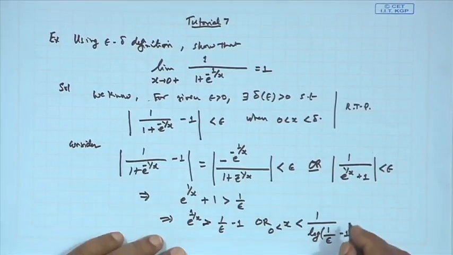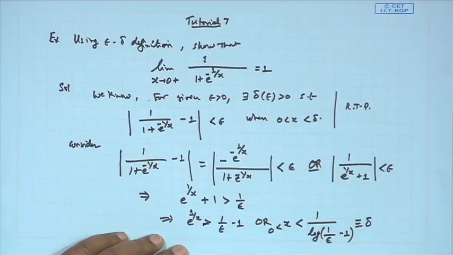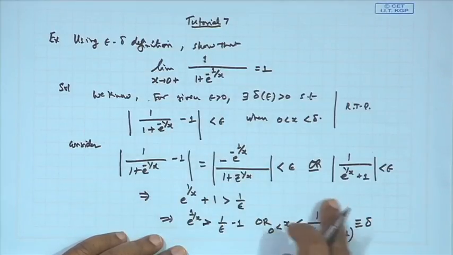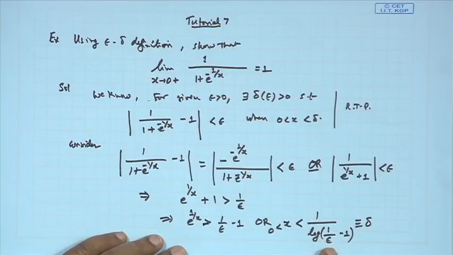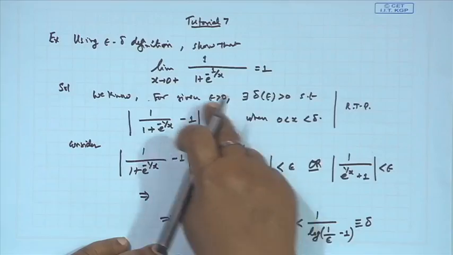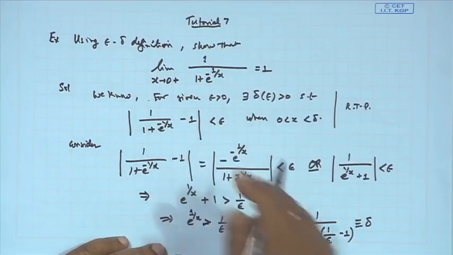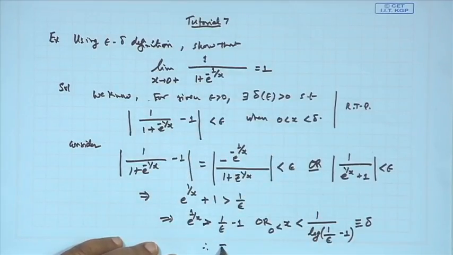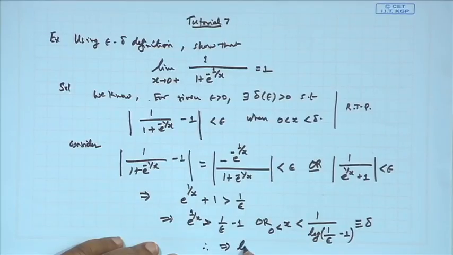So, if I choose delta to be 1 over log of 1 by epsilon minus 1, this delta depends on epsilon, and corresponding to epsilon, if we choose this delta, then this expression will remain less than epsilon. Therefore, the limit of this is 1.